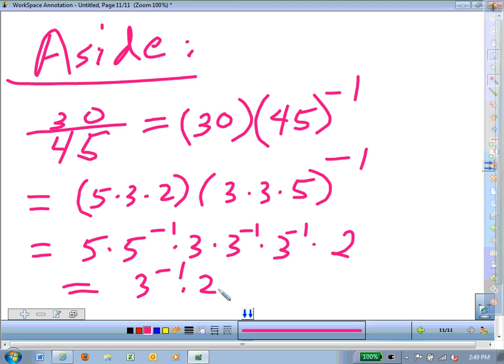So I can do that just by factoring the numbers and then multiplying instead of dividing. If at the end you like a fraction, well, I can make it 2/3. So with negative exponents, if you like to multiply and you don't like fractions, you can get by.